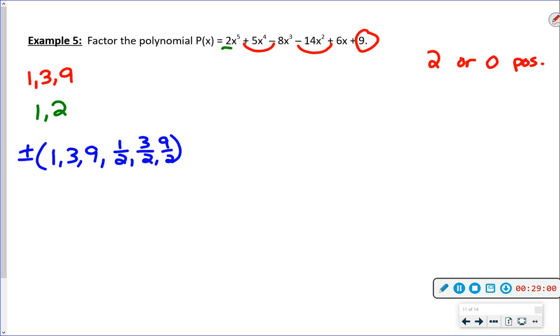Just seeing that 2 or 0, I think it's a good guess to pick a negative off the list. Who wants to pick a negative number to try? Elliot. Negative 3. I like that. Oh, do you? So, let's do our synthetic division. Make sure your terms are in order, and our remainder, of course, should be 0.